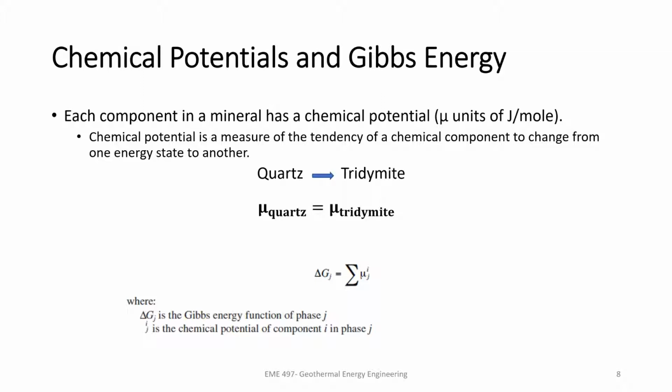We use this relationship to account for these changes instead, where the Gibbs energy function of phase J is equal to the sum of the chemical potentials of components I in phase J. In the summation, it is convention that the products are taken as positive and the reactants are taken as negative.